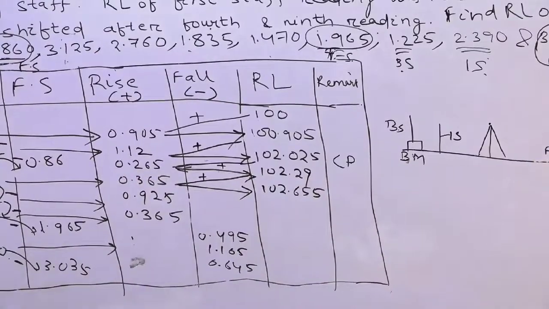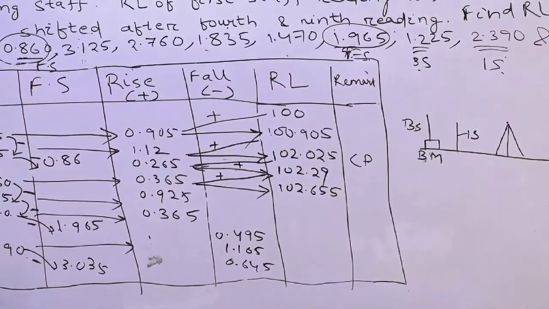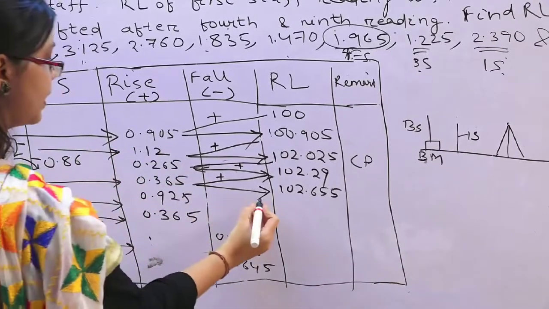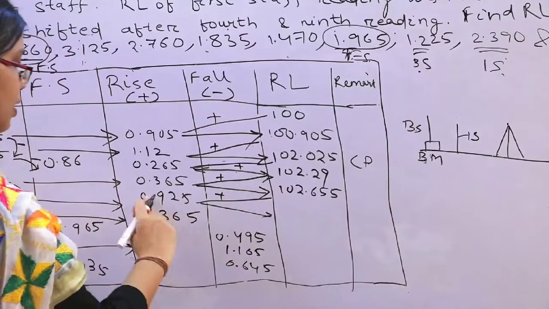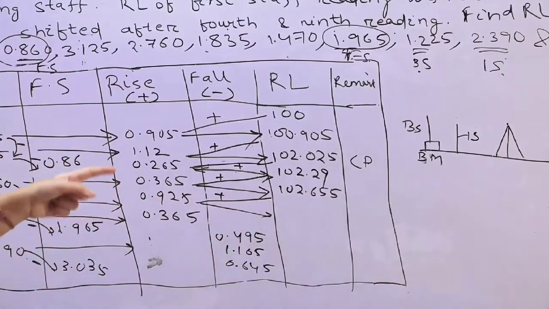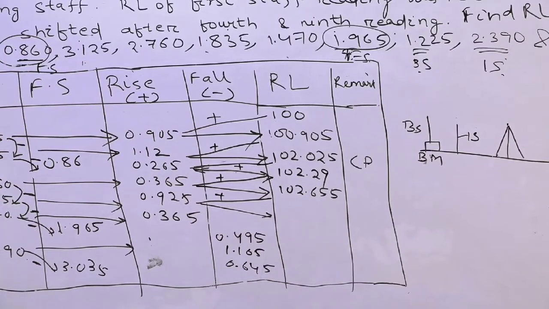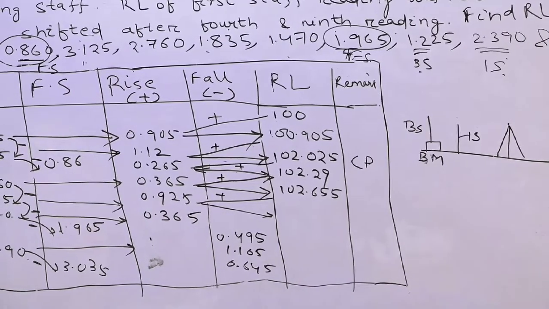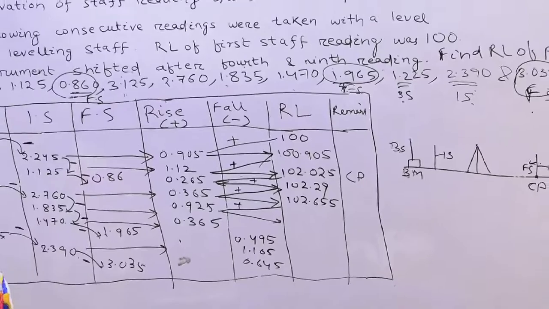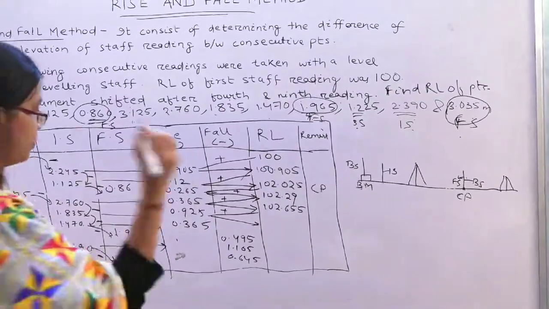Okay. Now the reduced level of the sixth station point we get by similarly adding the rise to the reduced level of the fifth point. 102.655 plus 0.925 will give 103.58.